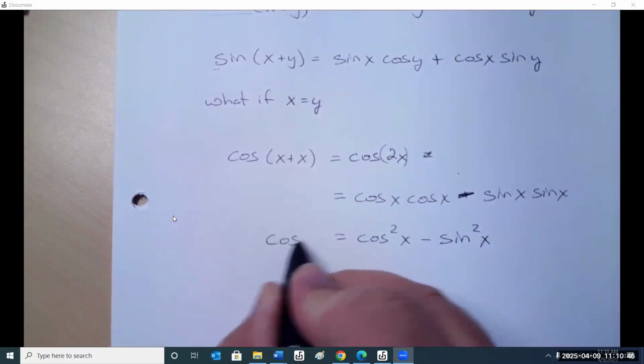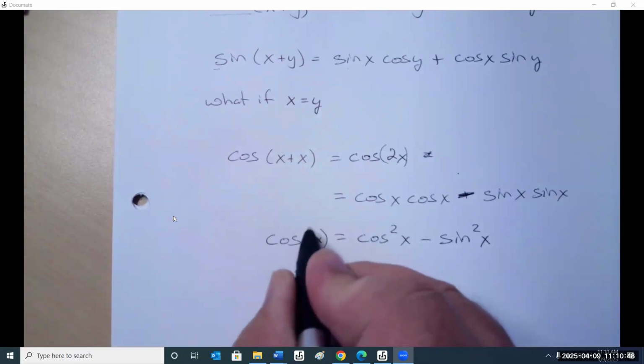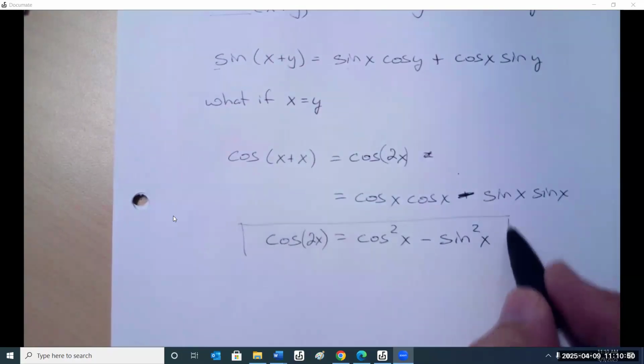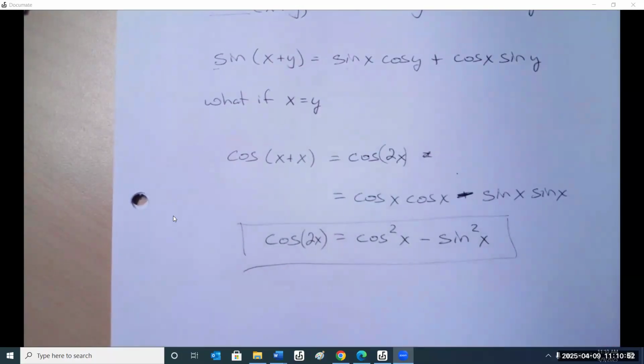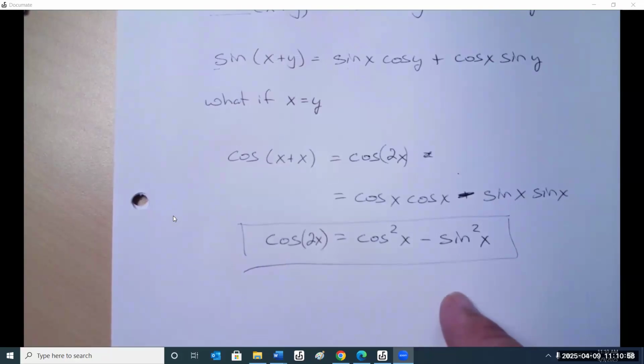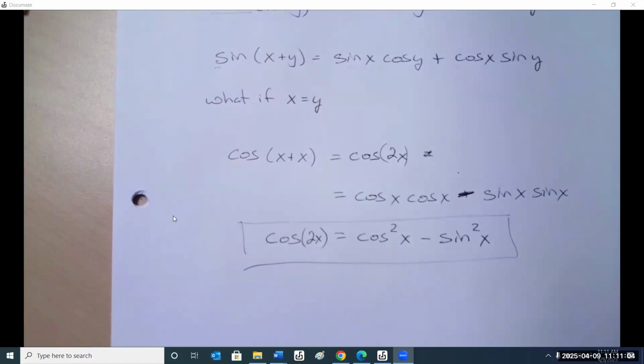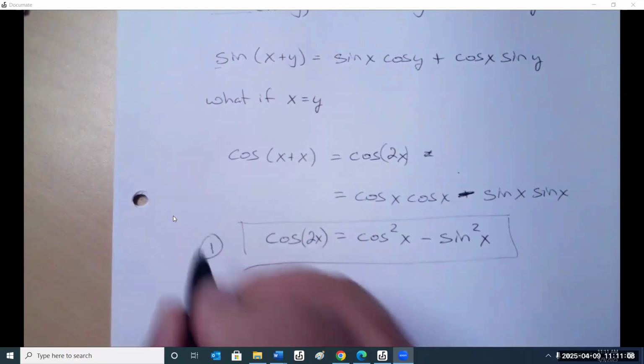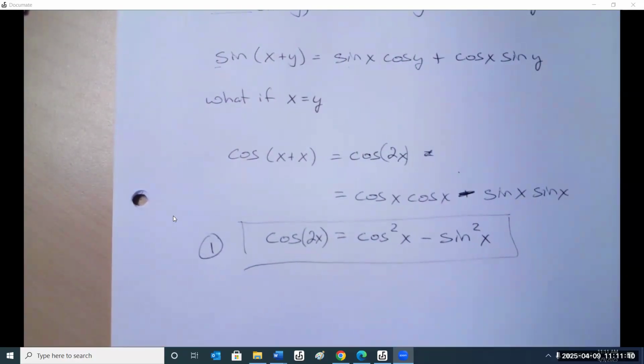So cosine double angle, that's one of our formulas. From this one, we can build a couple more. So here's one of our double angle formulas.